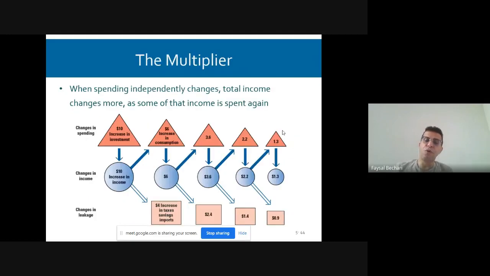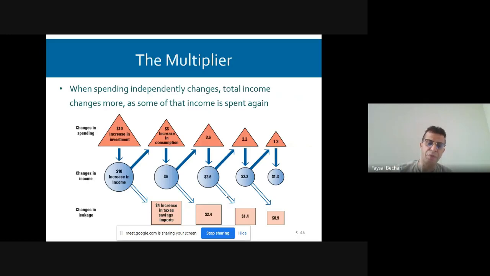But overall, there is something called a multiplier. When spending independently changes, total income changes more, and some of the income is spent again. So this is why you see government spending: the more money comes in, the more total income changes, and the more spending.